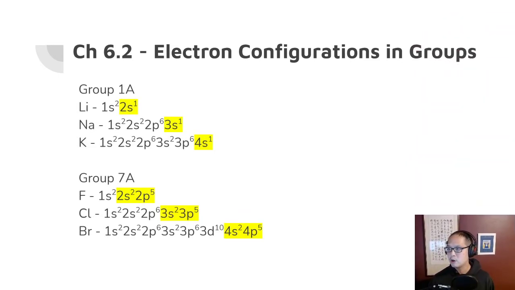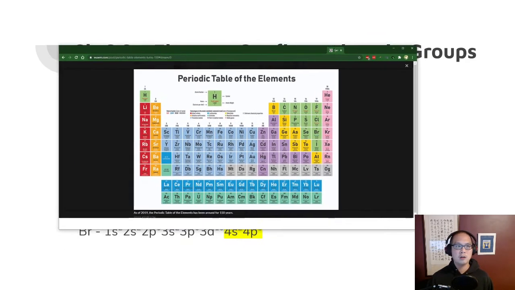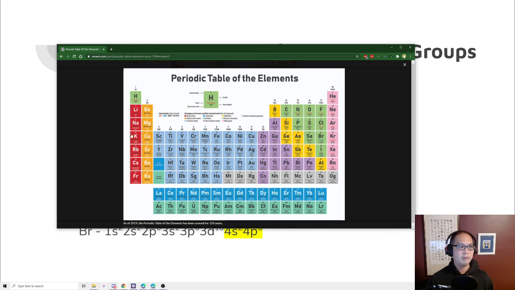Okay? Let's take a look at a couple other groups, and you're going to see similar patterns. All right, so let me just get a periodic table here. In group 1A, 1A is right here.